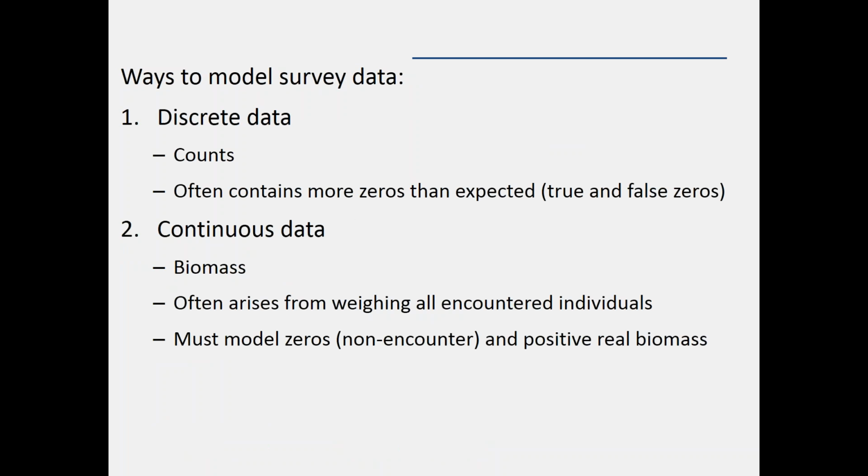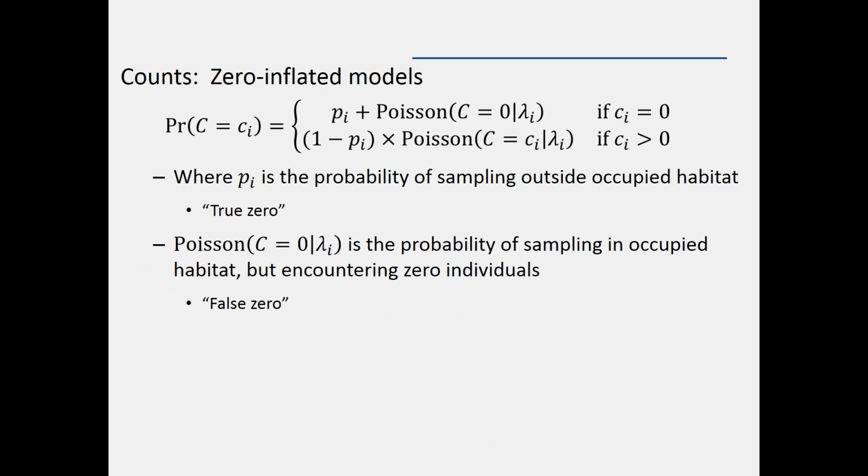So I want to come back to this discrete versus continuous data for a second. We talked about it in those early weeks, but we're finally in a place to talk about it a little more. So zero inflated models are count data models, where you've got a probability mass function for different discrete value counts.